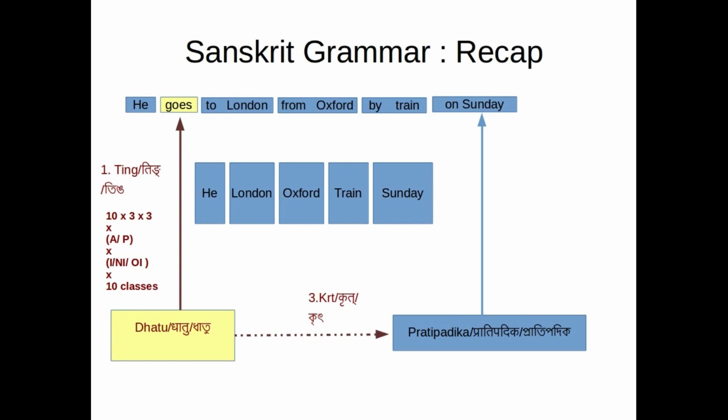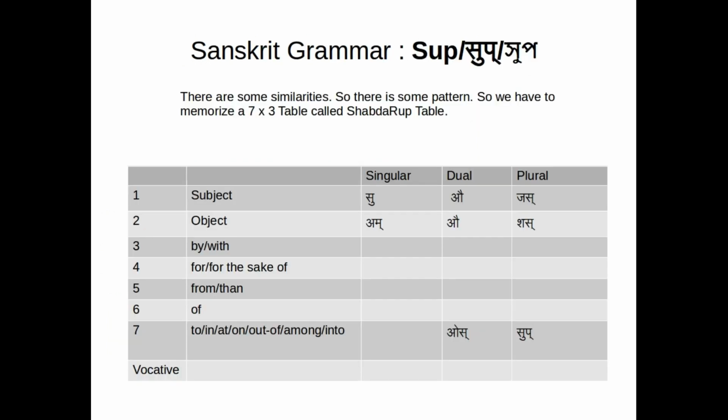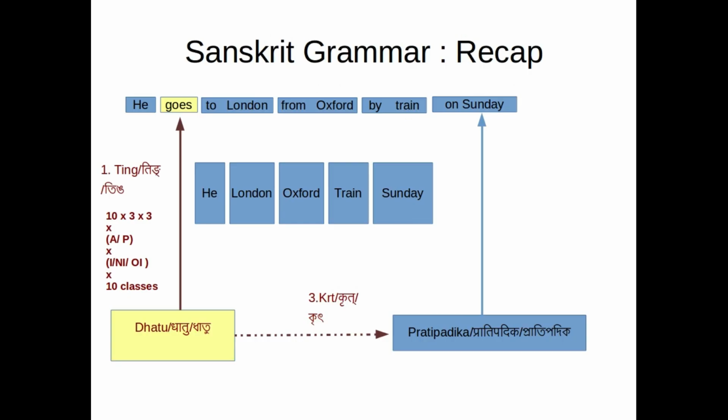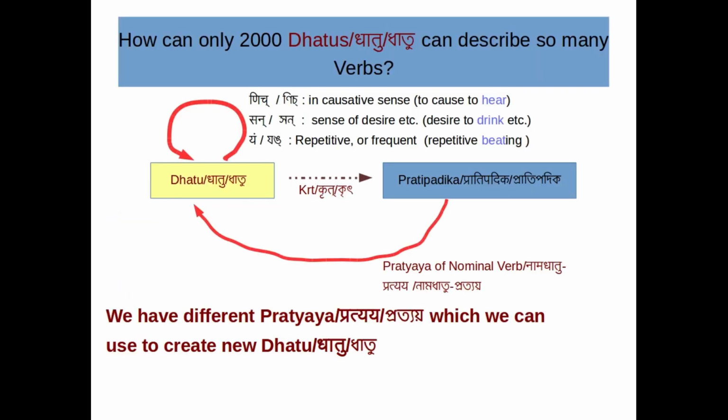We have to memorize a table of 7x3 to form the Subanta Padas. And also we have to know some Krit Pratyaya, some Taddhita Pratyaya, some Stri Pratyaya, etc. to loop through the circle of Dhatu and Pratipadika.